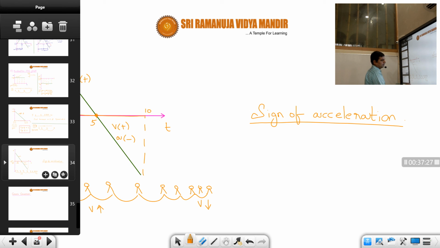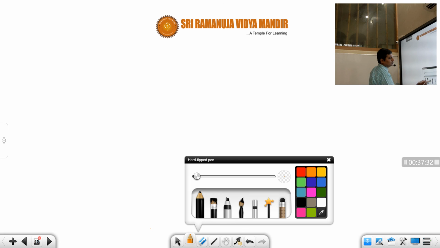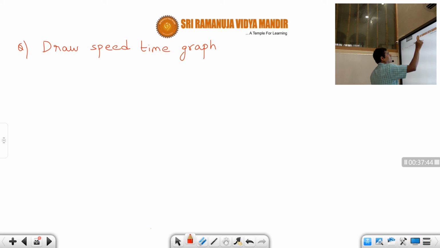Here a small important point: if a velocity-time graph is given, how do we draw the speed-time graph? The question is: draw the speed-time graph from the velocity-time graph.